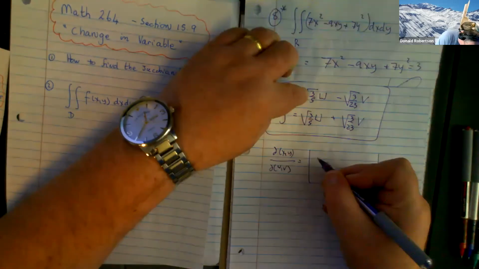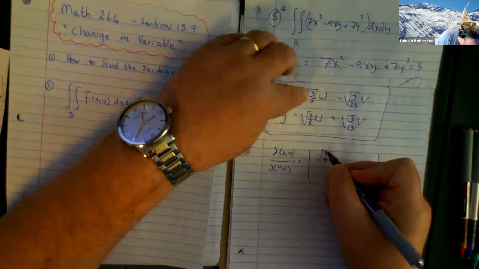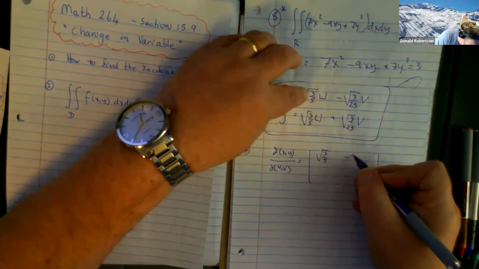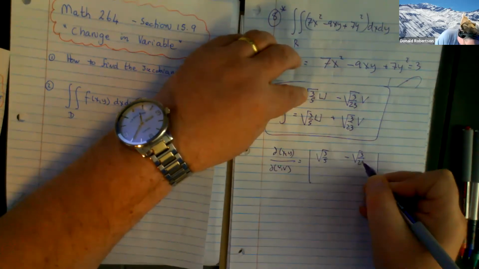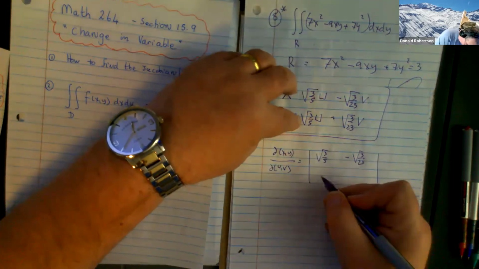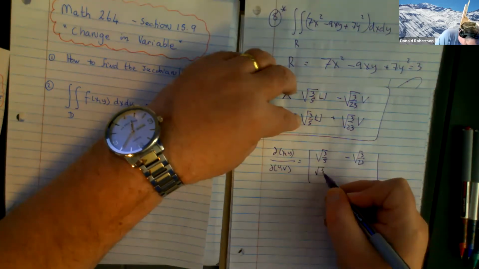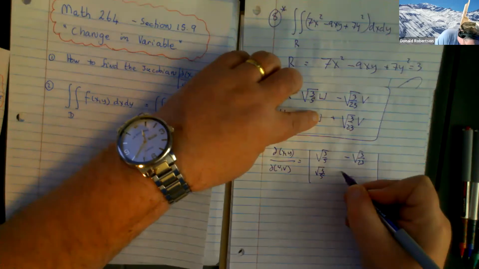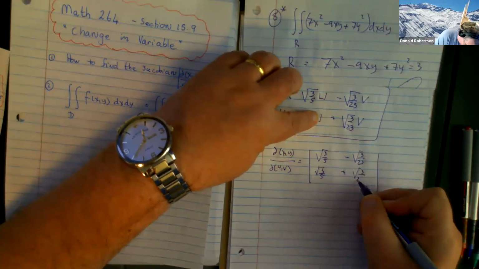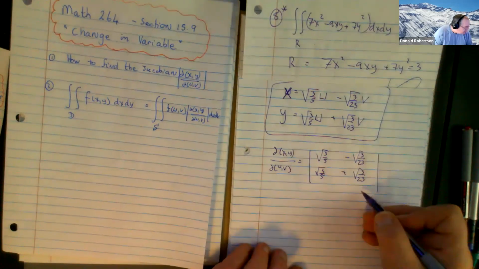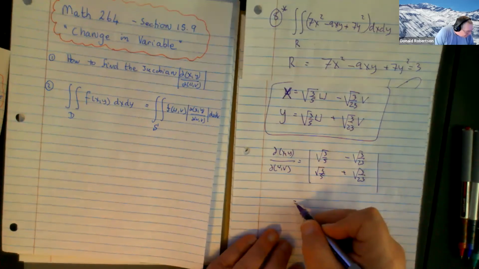If you do this with u, you get that guy. If you do it with v, you get that guy. If you do this with u, you get that guy. If you do this with v, you get that guy. If you do major take away minor, I'll take their word for it.